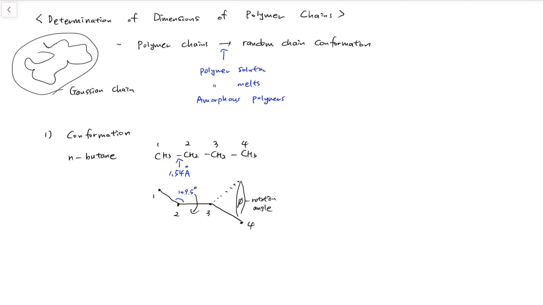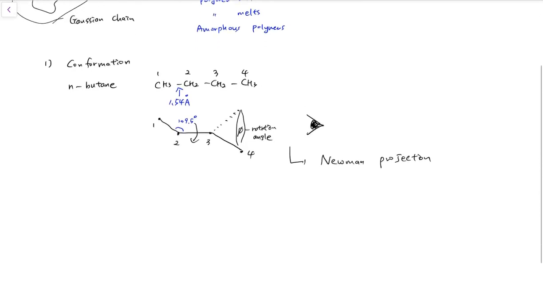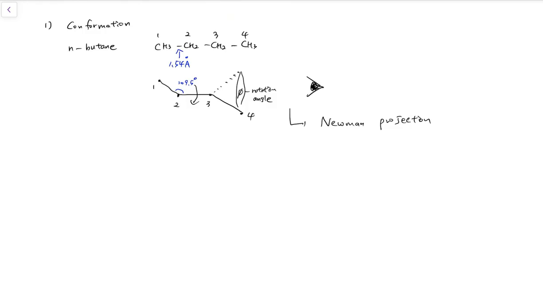If you look at the change of the position of carbons on this side, from here we can determine the Newman projection. Remember Newman projection from organic chemistry class, right?